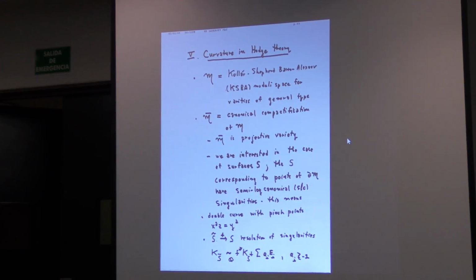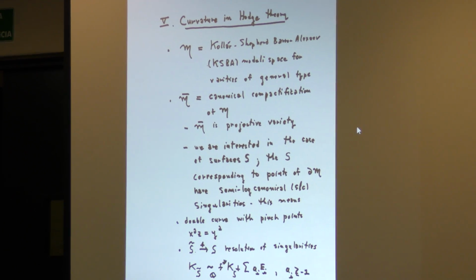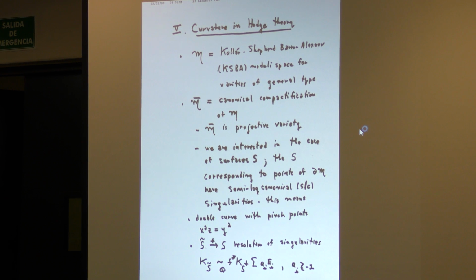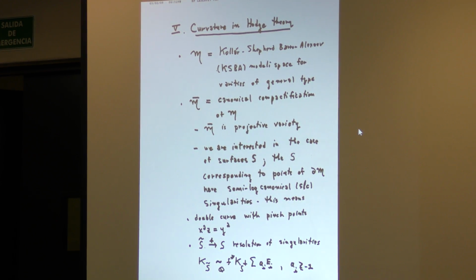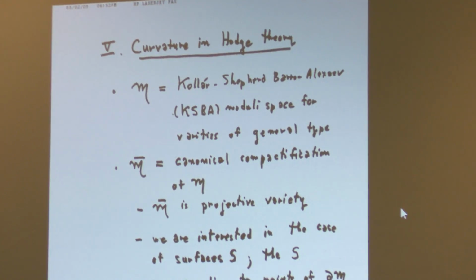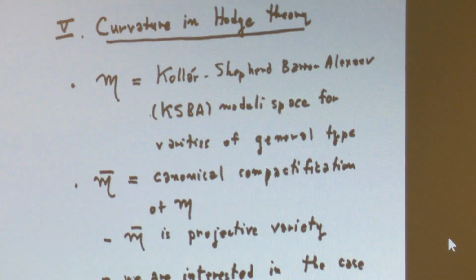So just a little bit about moduli. As I mentioned the other day, Kollár, Shepherd-Barron, and Alexeev have defined a moduli space for surfaces of general type that have given numerical characters. Usually one takes the irregularity, that's the first Betti number, to be 0, regular ones.